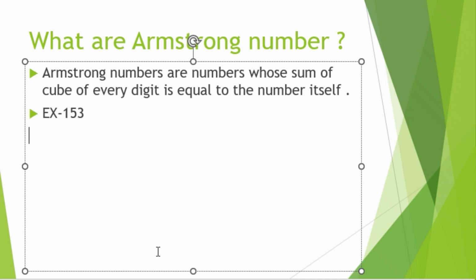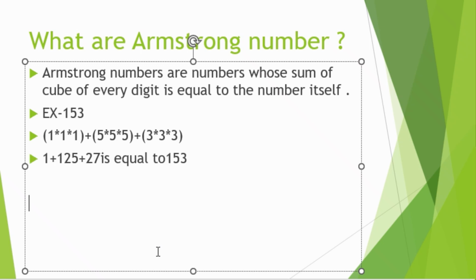So our first example is 153. Taking the cube of every single digit of this number, we get the cube of 1, 5 and 3, which is 1 into 1 into 1 plus 5 into 5 into 5 plus 3 into 3 into 3.